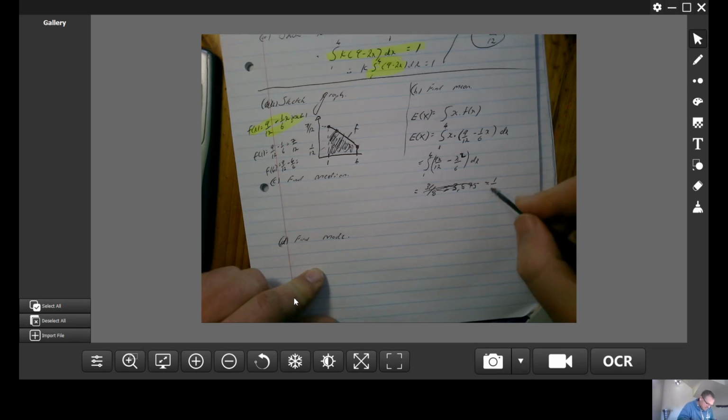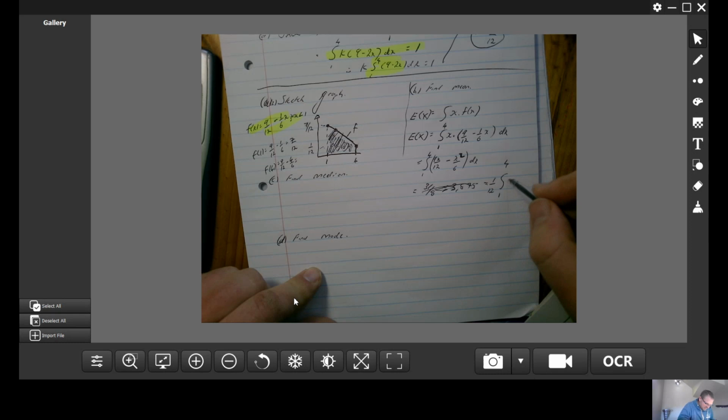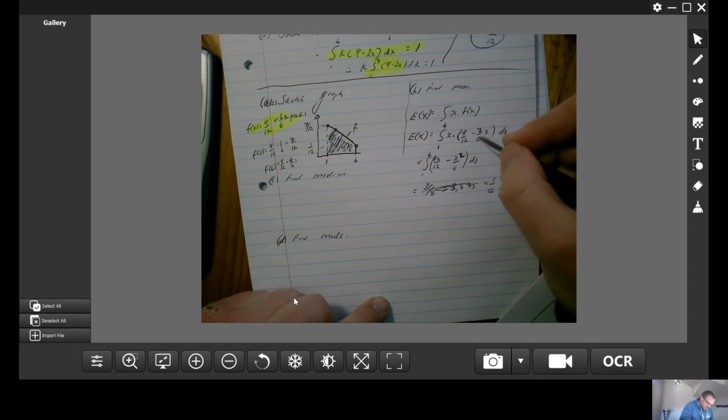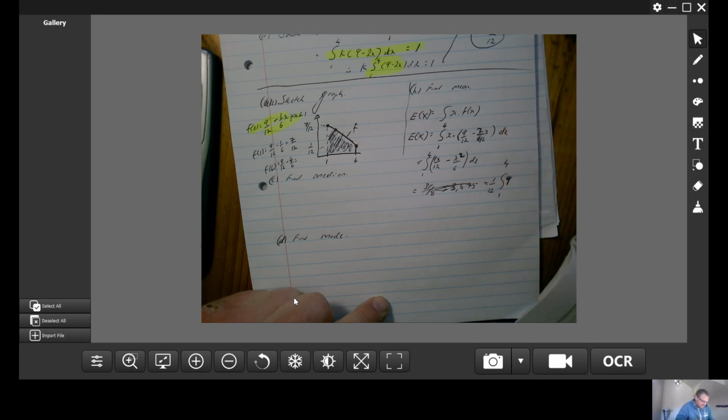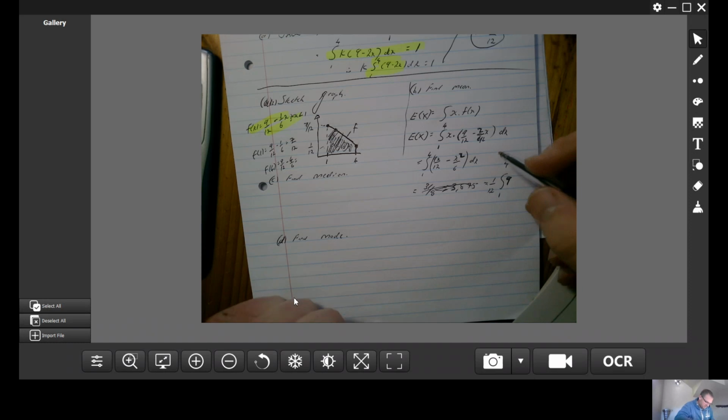If you took out a 12th, you'd be left with the integral between 1 and 4 of 9x minus 2x squared, because that'll be 2 over 12x.